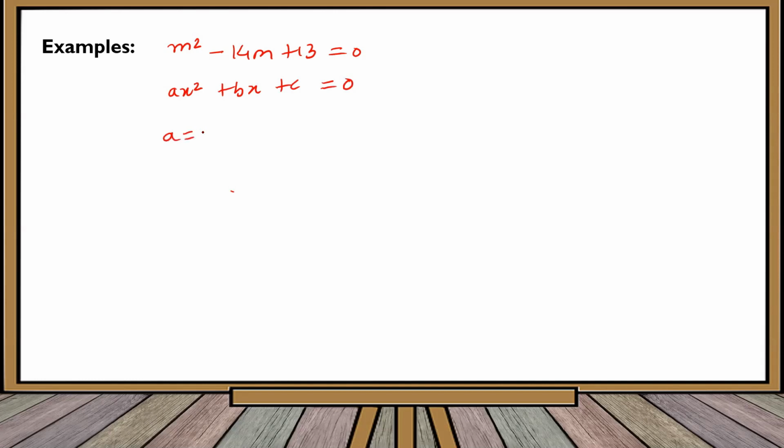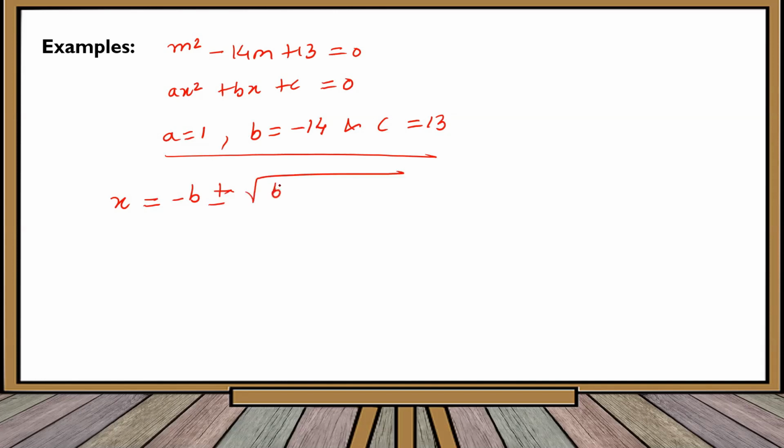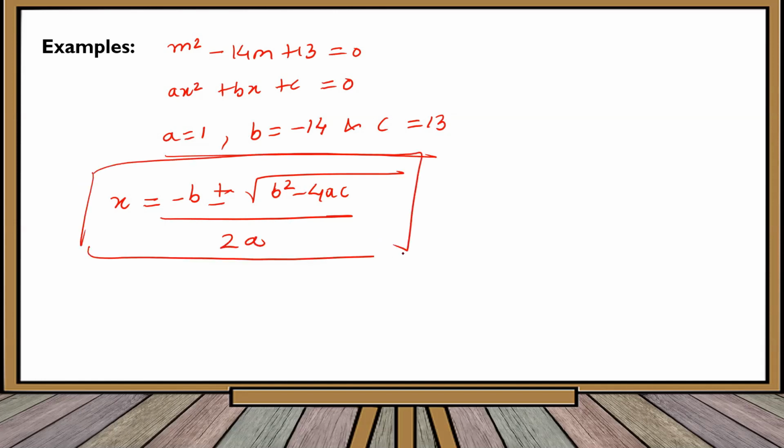So a is equal to 1, b is equal to minus 14, and c is equal to 13. Okay, what is my quadratic formula? My quadratic formula is x is equal to minus b plus minus root b square minus 4ac, whole upon 2a. Write the formula and make a box, so it will hammer up in your mind.